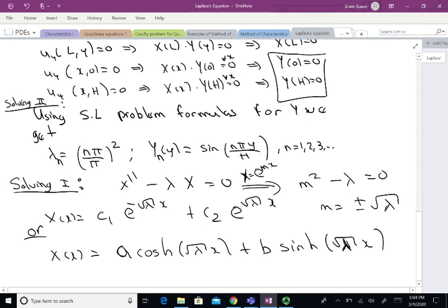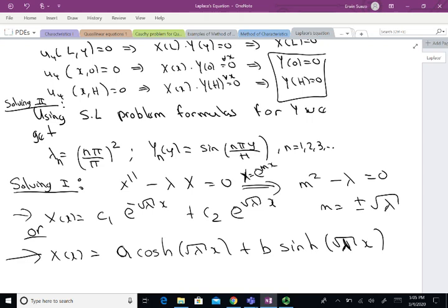It's a tradition to write this one. Even if the other one is right, for these partial differential equations it looks more elegant to do it like that. So that's what people do. So that's my x of x.